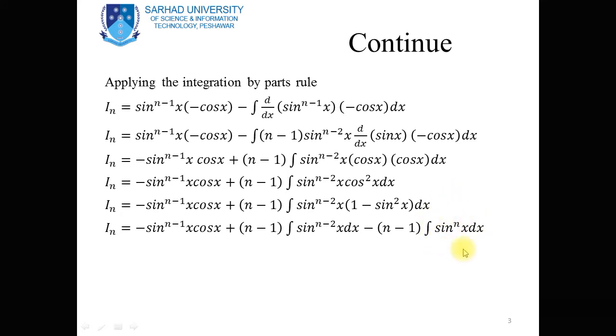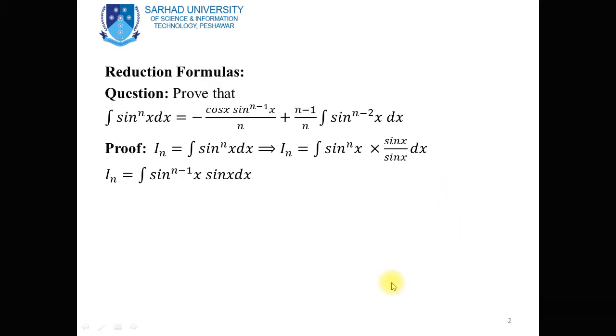Now the question is repeated, so we put here I_n, because in the start of the proof we have integration of sine x power n with respect to x equal to I_n.